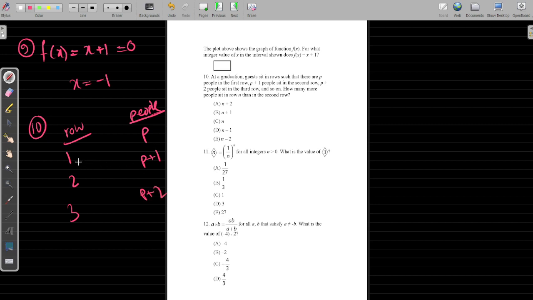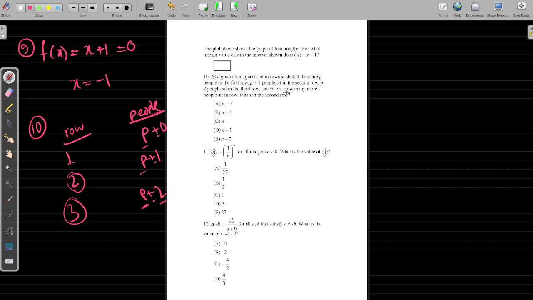Let us find out the pattern. For row 1, it is p plus 0. For row 2, p plus 1, that means p plus something which is less than the row number by 1. Similarly p plus 2, where p and plus are common for all the terms, but here the row number is 3, that's why we are using 2 here.